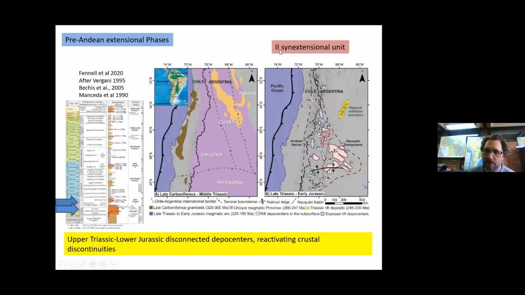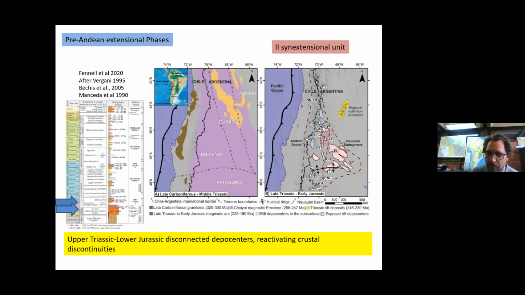there appears a second extensional unit, which is early Jurassic in age, and constitutes a series of isolated depocenters. All of them are early Jurassic, 200 to 195 approximately, and they are following the main discontinuities that have amalgamated the basement of the Andes.